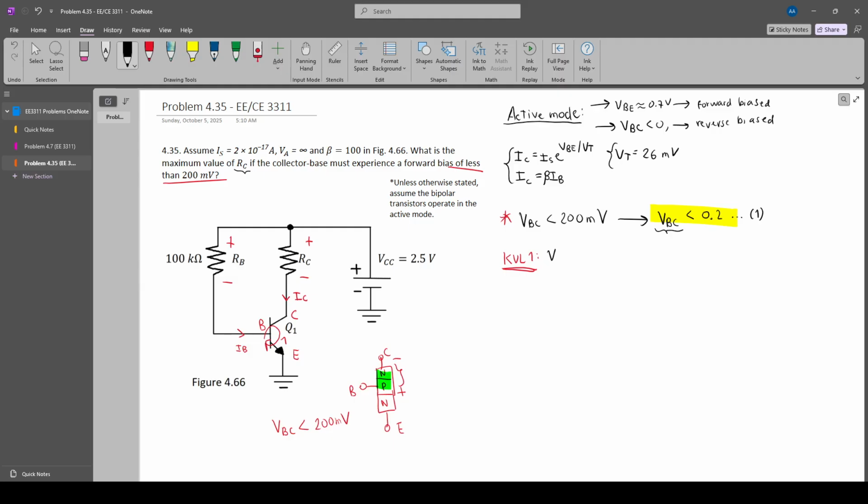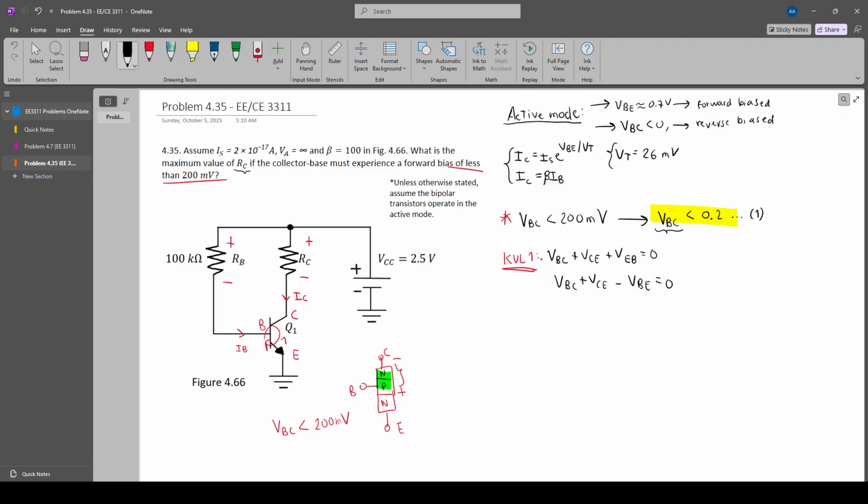That is, the voltage across the base-collector junction plus the voltage across the collector-emitter plus the voltage across the emitter-base junction equals 0. This is equivalent to saying V_BC plus V_CE minus V_BE equals 0, right?